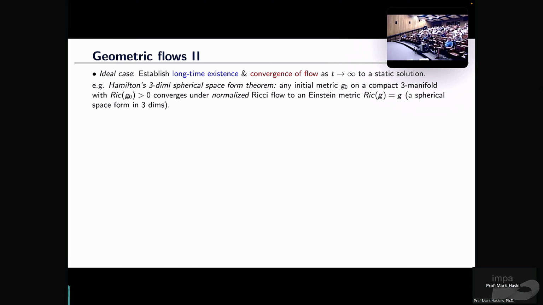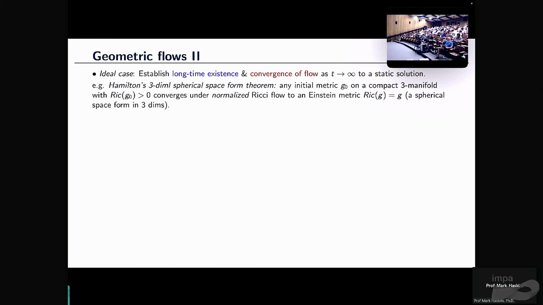The prototypical example here might be Hamilton's original three-dimensional spherical spaceform theorem, where you can start with any initial metric on a compact three-manifold, assume that it has just Ricci positive, then you don't want to look at Ricci flow itself, because that's going to want to shrink this, but you have a normalized version of Ricci flow.